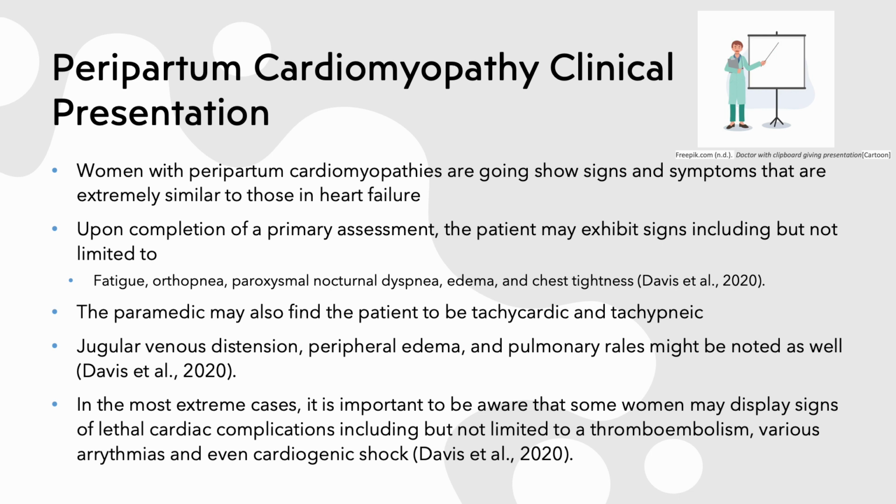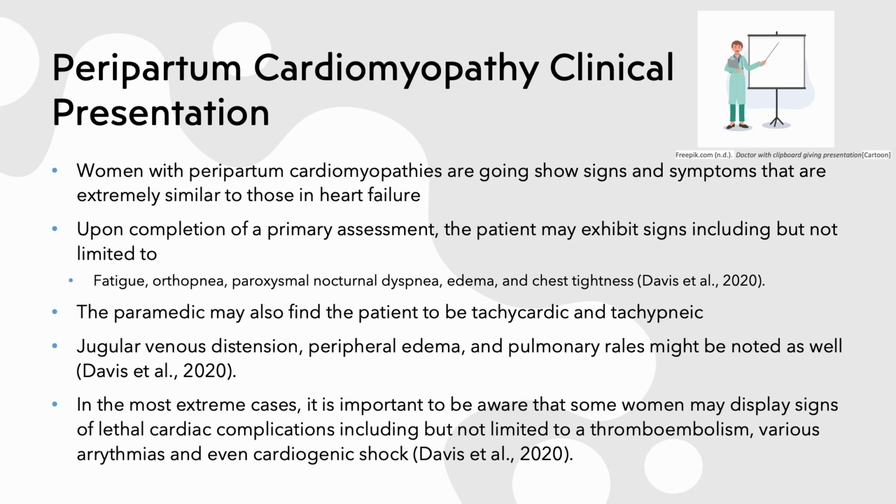So as a paramedic, upon completion of your primary assessment and gathering your vital signs, you're going to see things like the patient is going to be extremely fatigued. They may have orthopnea, as well as some paroxysmal nocturnal dyspnea. You may note some peripheral edema, as well as some chest tightness. More specific to your primary assessment, you may note the patient to be tachycardic as well as tachypneic.